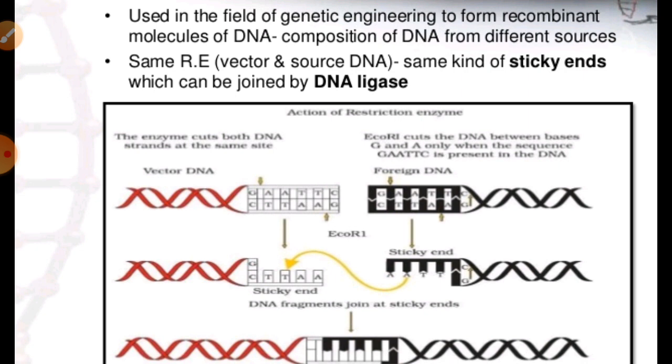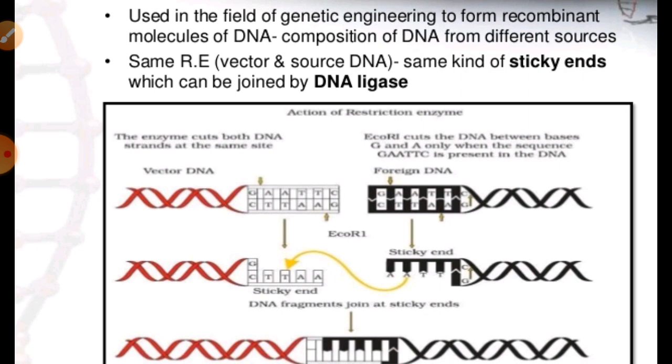Vector DNA is the DNA which we are using as the carrier, and foreign DNA is the one we are adding, right? In that condition, for cutting both the vector DNA and the foreign DNA, we always have to use the same restriction enzymes.